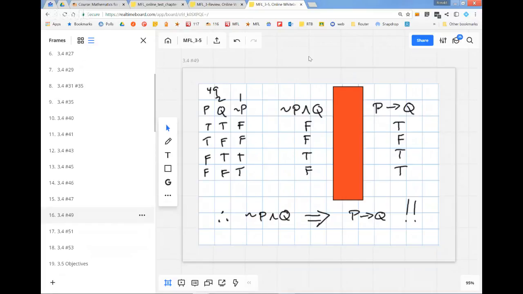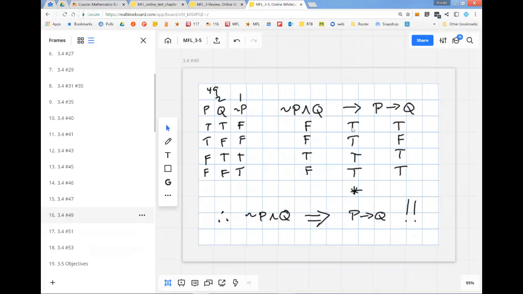Now the question is, does one imply the other? To find out if they imply one, I could try if-then-ing this one to the other.